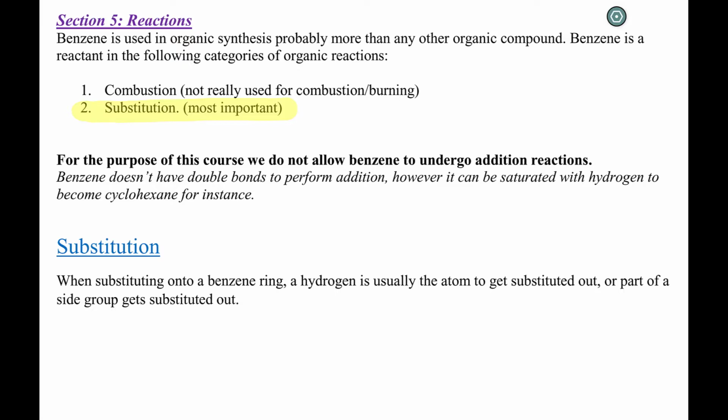For the purpose of our course, we don't really allow benzene to undergo an addition reaction. It is possible to saturate benzene and turn it into cyclohexane, for instance, but we just don't deal with that at this level. If you proceed into organic chemistry at the university level, you will be doing many different types of substitution reactions using benzene. That's really where benzene is the most effective.